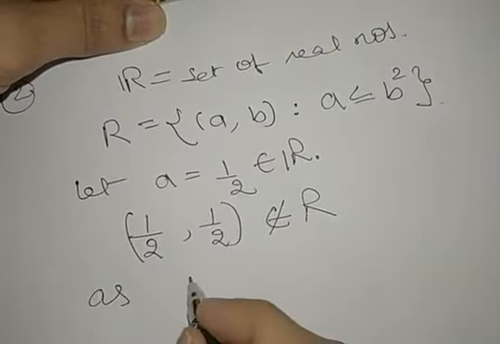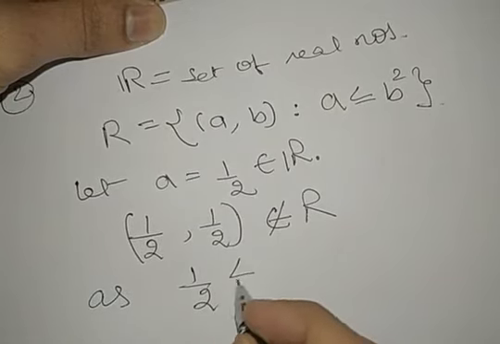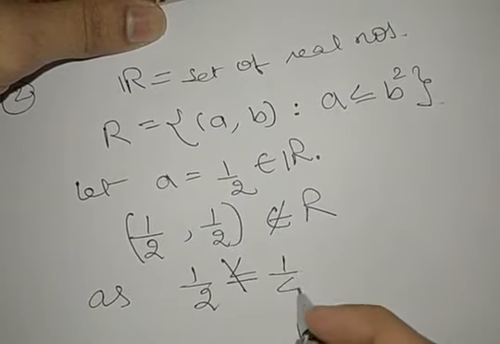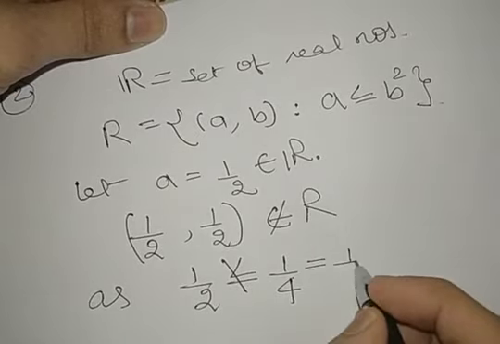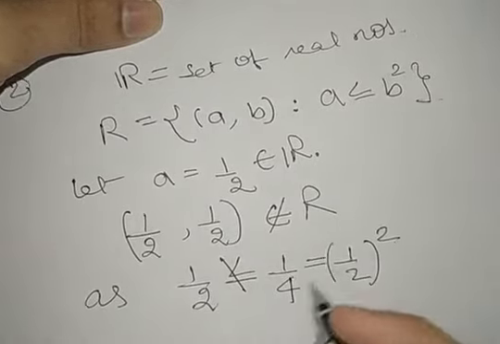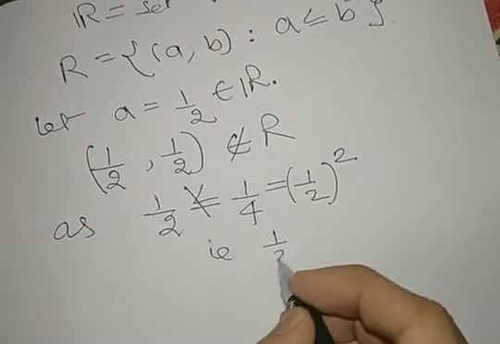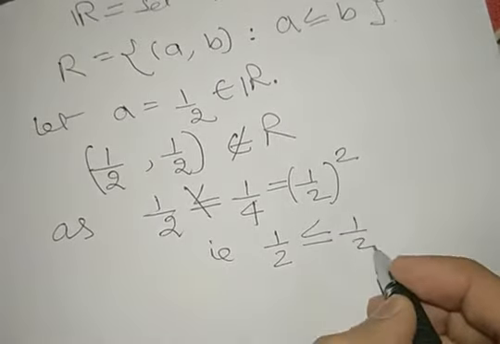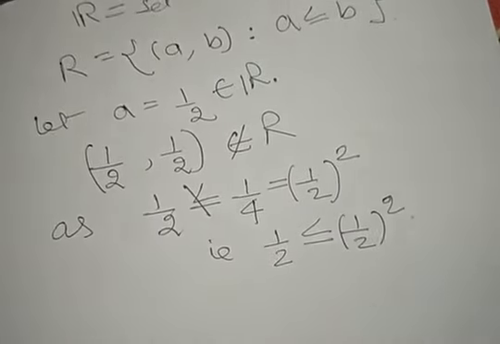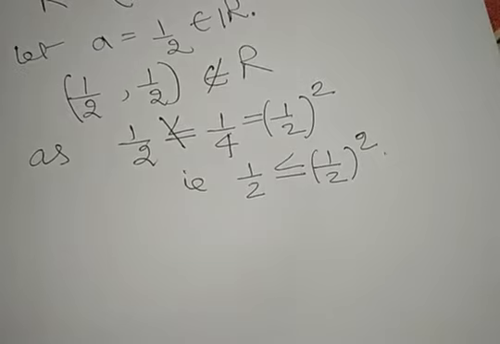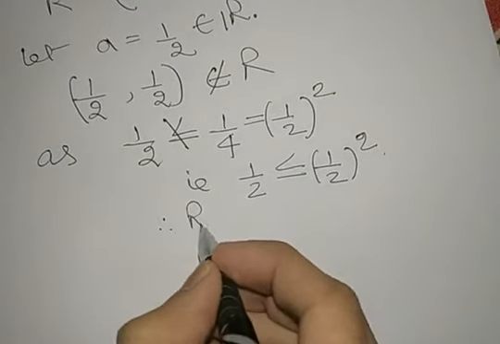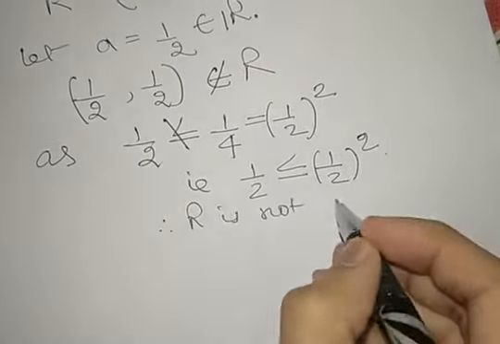As half is not less than or equal to 1 by 4, which is half square. So therefore R is not reflexive.